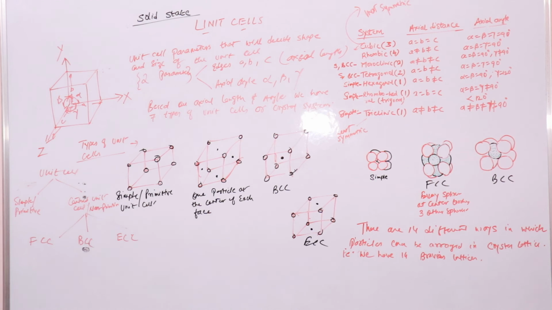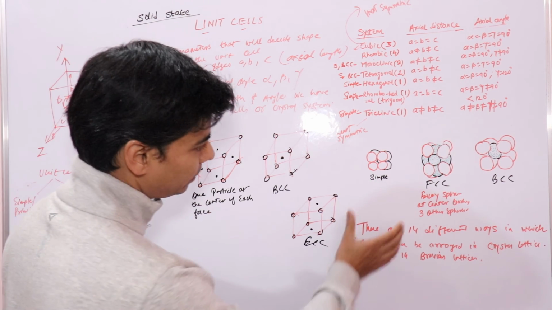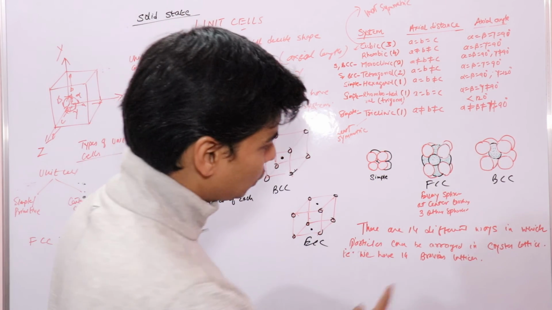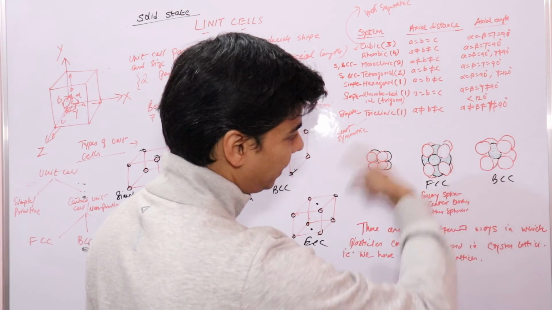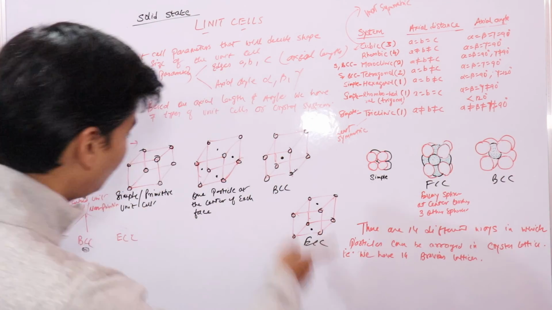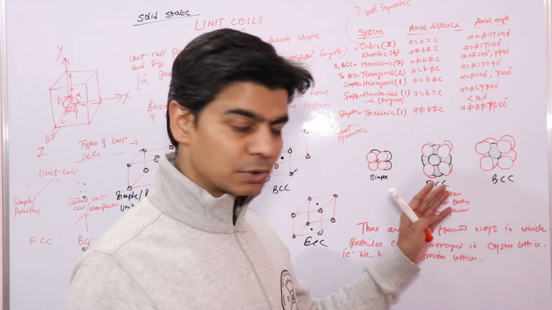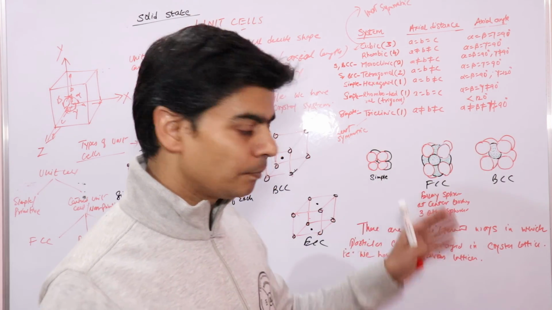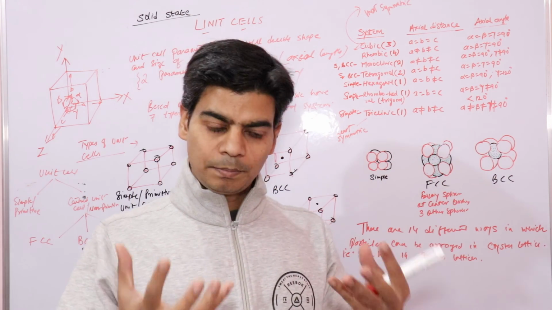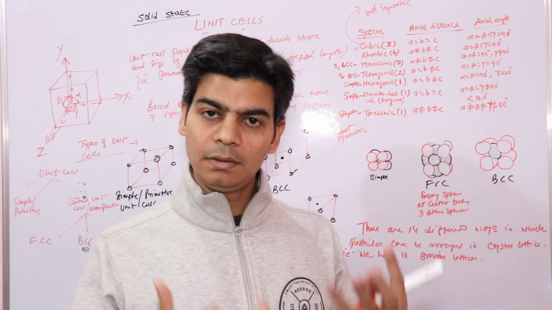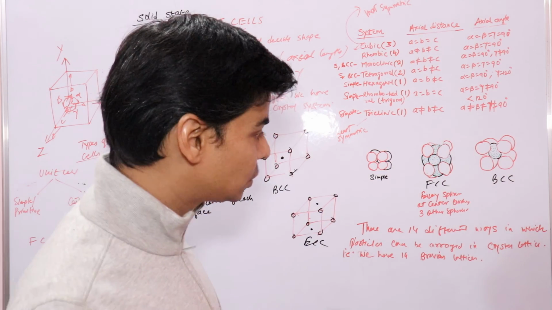Then we have gone through a small concept of coordination number. These are known as space filling structures, and these are open structures. Space filling structures show how exactly particles are closely packed in a crystal system, in a solid.